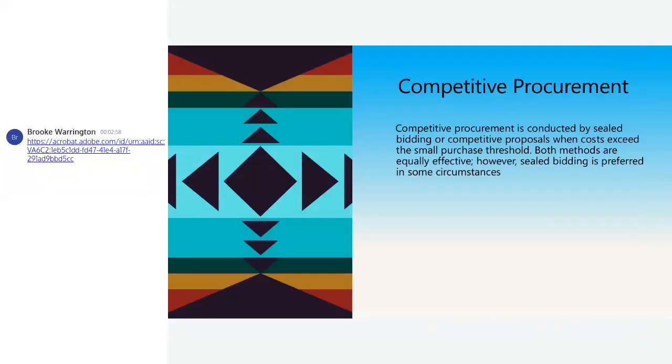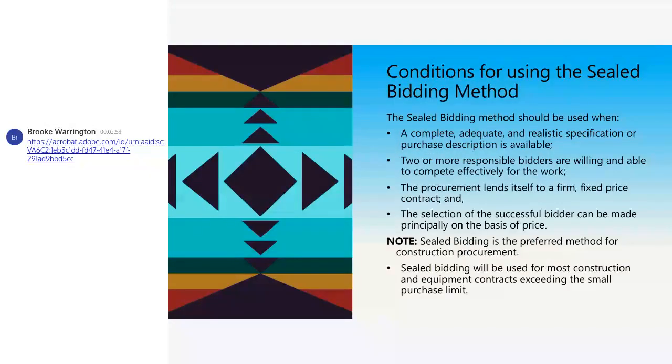Your Indian preference. So your competitive procurement is conducted by a sealed bid or competitive proposal when costs exceed your small purchase threshold. Both methods are equally effective. Sealed bidding is preferred in some circumstances. So your sealed bidding method should be used when you have a complete, adequate, realistic specification or purchase description available.